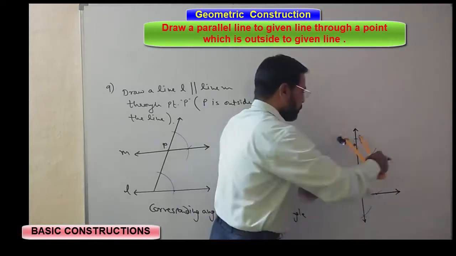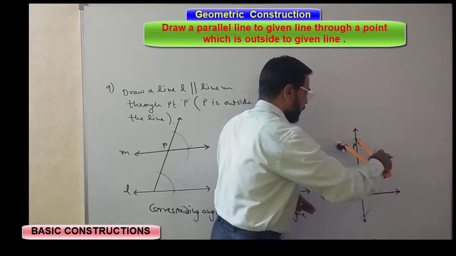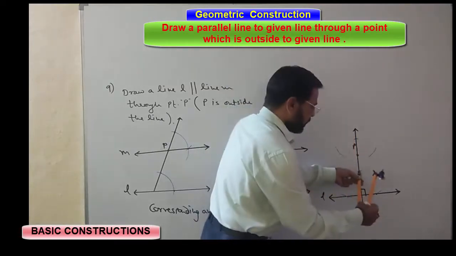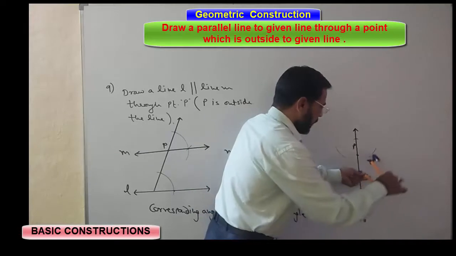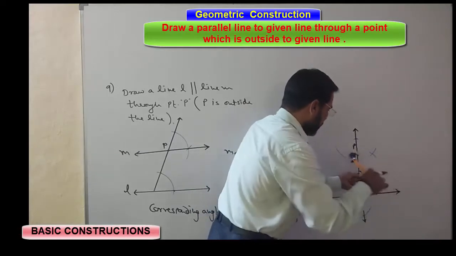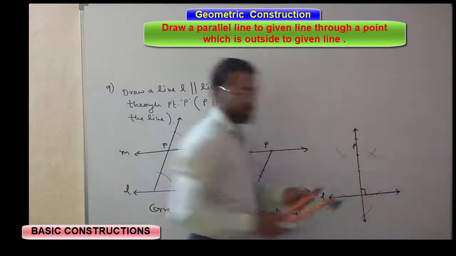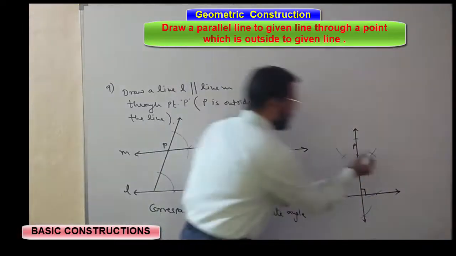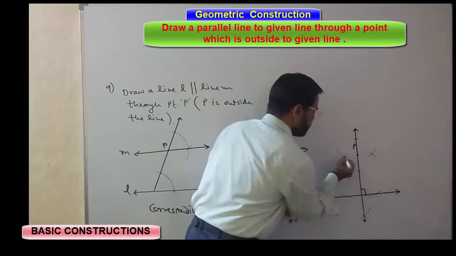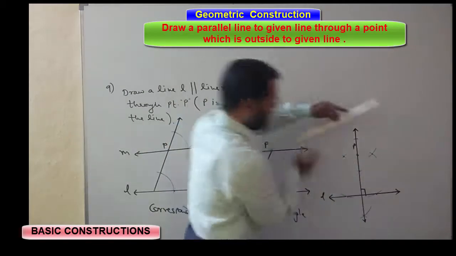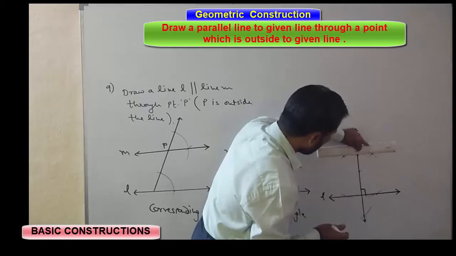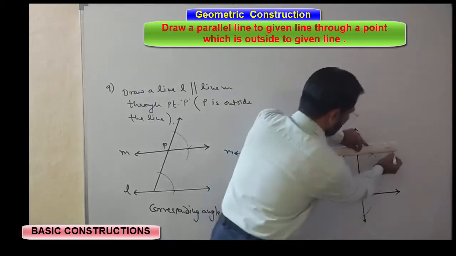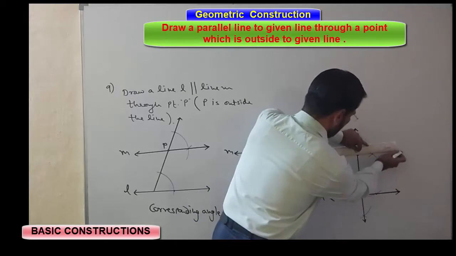Okay, and to this side as well. Okay, now put here, try to draw again one arc here. It should be from both the sides. Again we'll get the 2 new points. If we join these 2 points, okay, we get one line. Okay, just here.